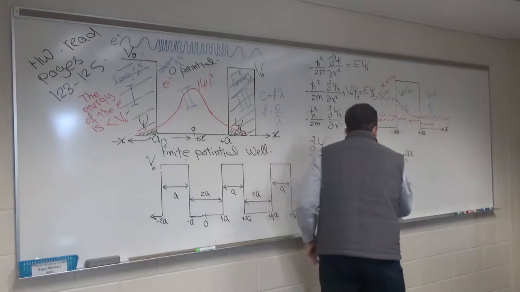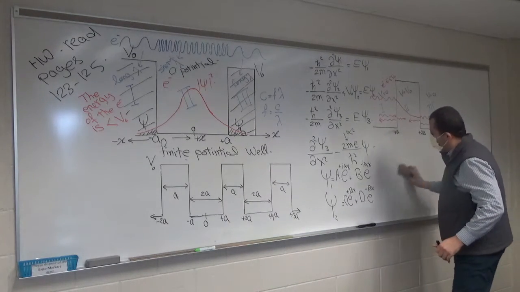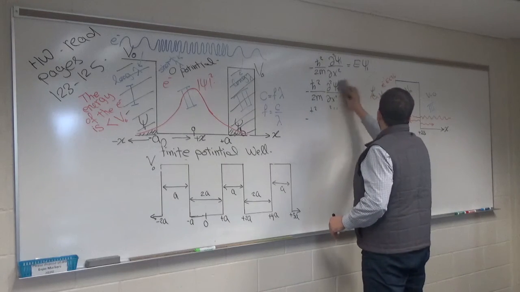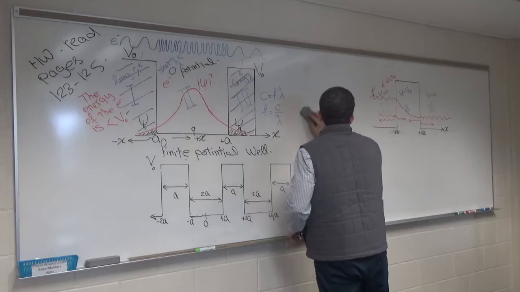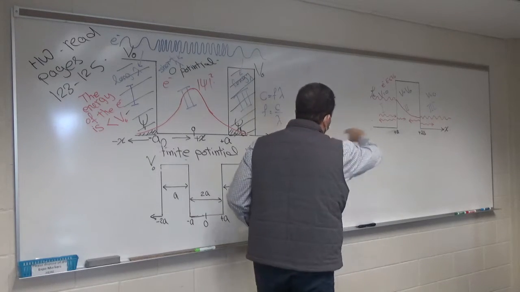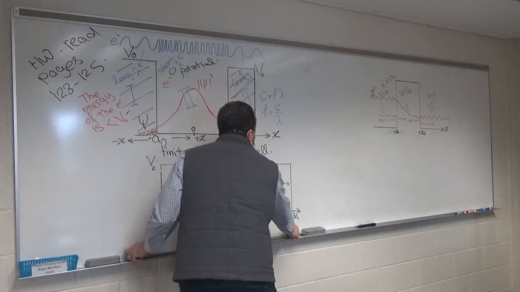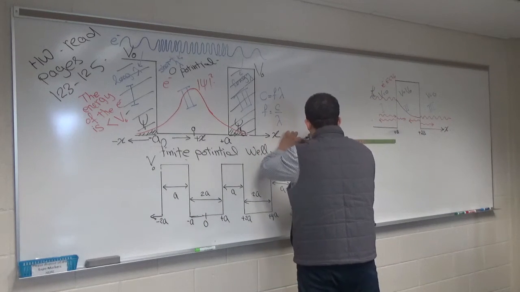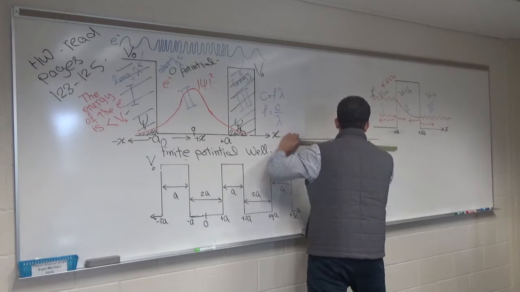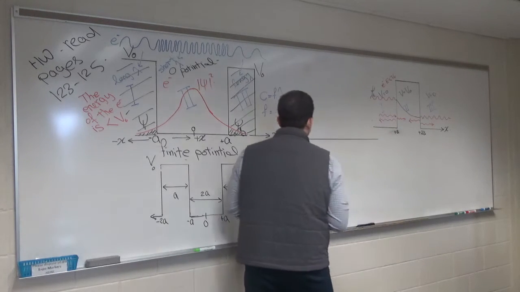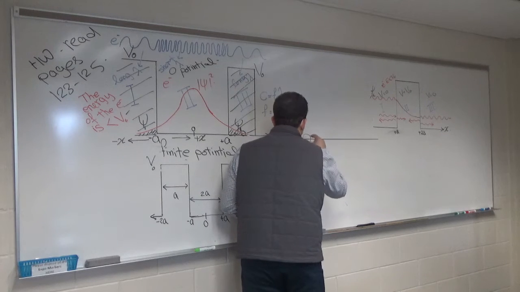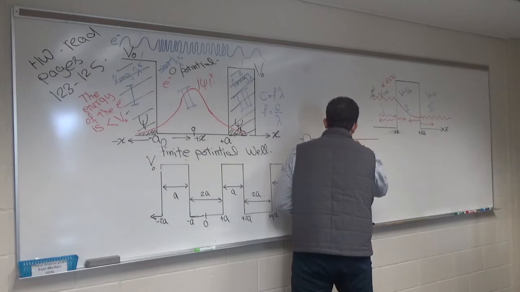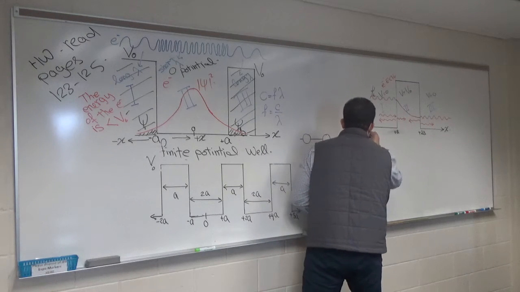So what Bloch said, he said the following guys. He said, if we have an array or line of atoms, as you can see right here, maybe we have one atom here, and we have another atom right here, and another atom right here, and another atom right here.